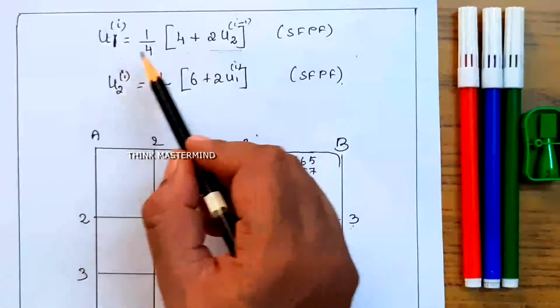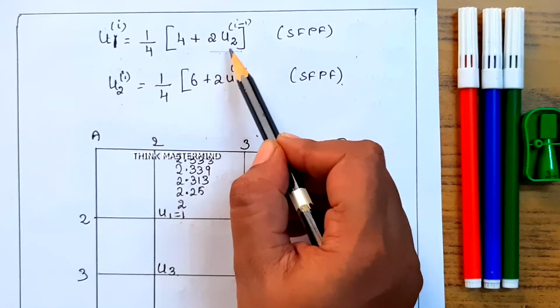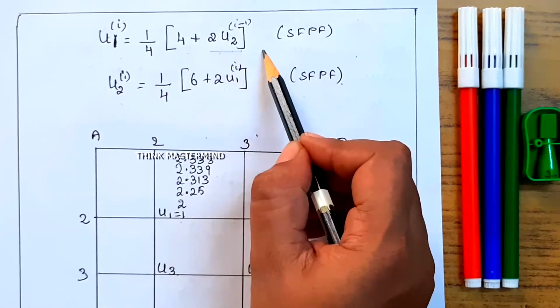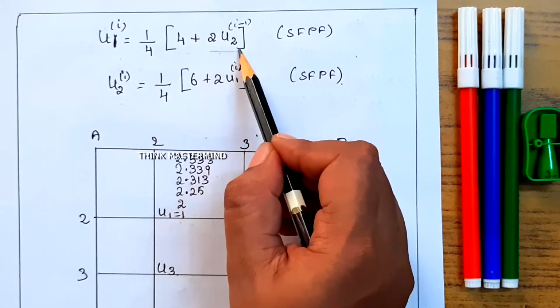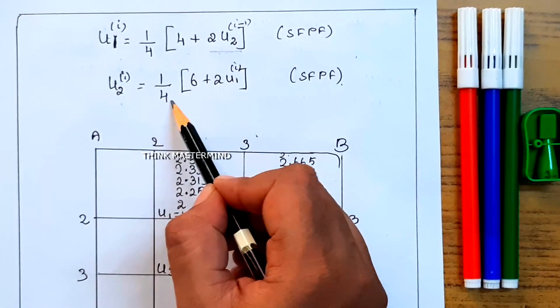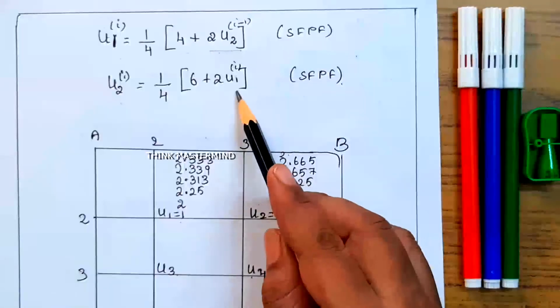Therefore U1 is equal to 1 by 4 times of 4 plus 2 times of U2, since U2 is equal to U3. Similarly, the U2 value is equal to 1 by 4 times of 6 plus 2 times of U1.